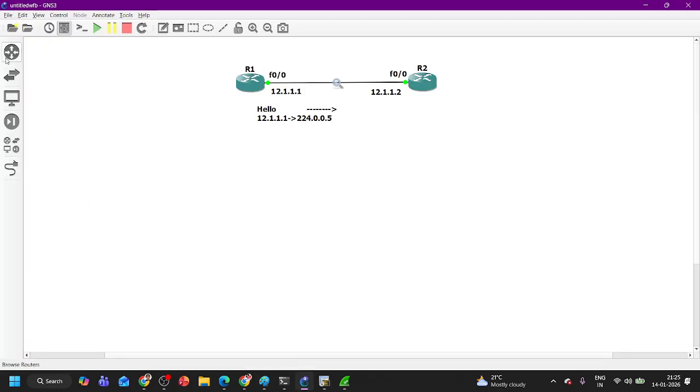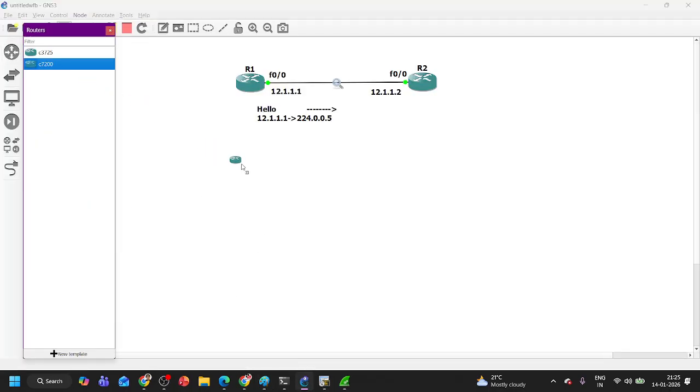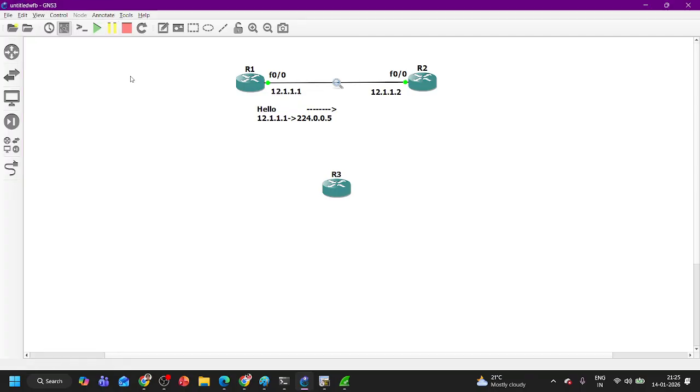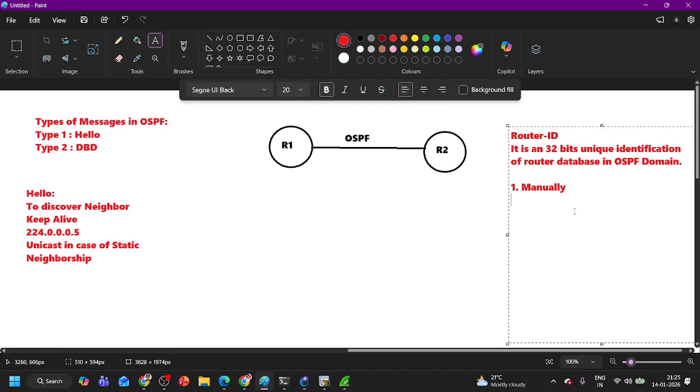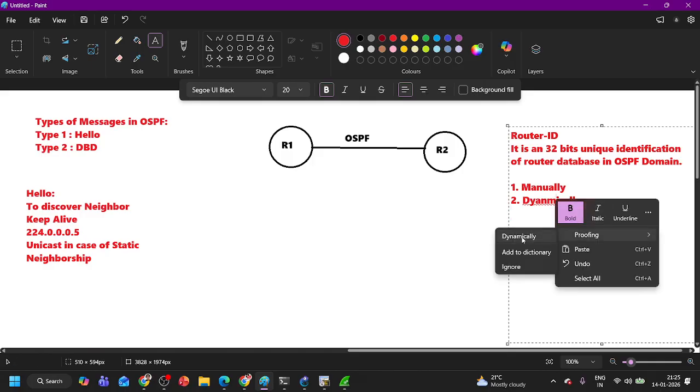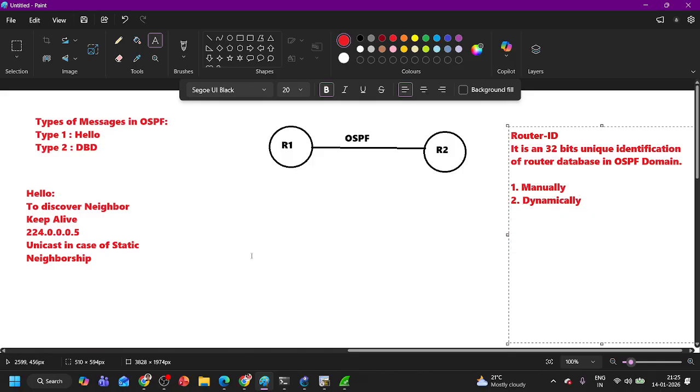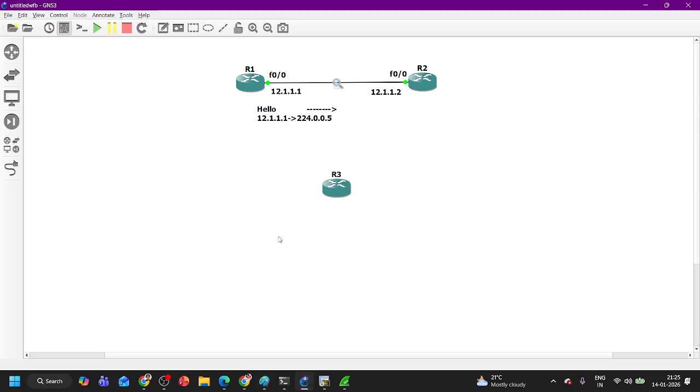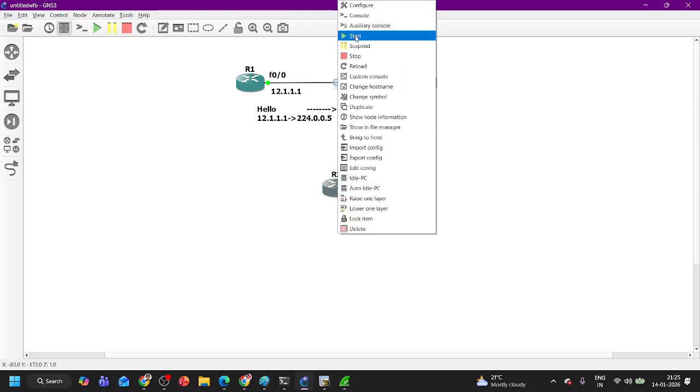Another way to allocate a router ID on the router is dynamic. If you do not configure the router ID manually, then the router is going to dynamically elect a router ID.